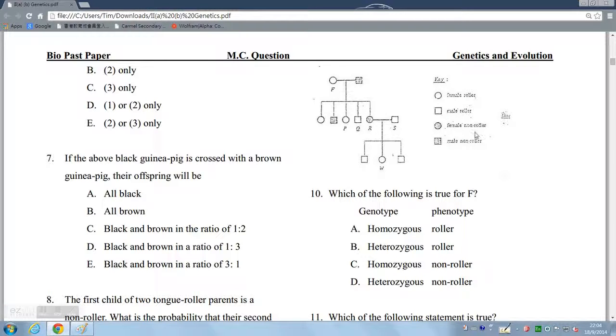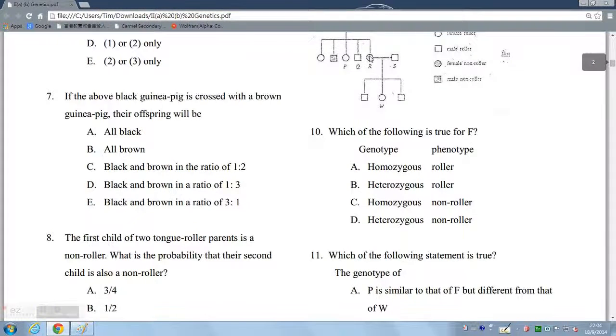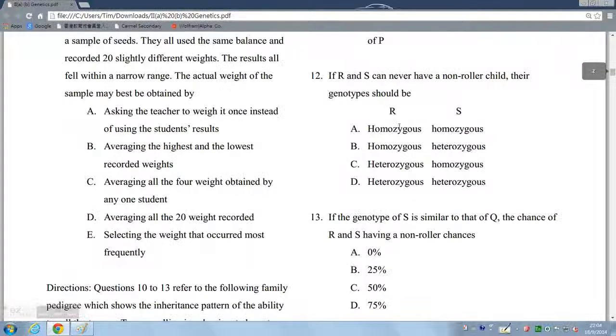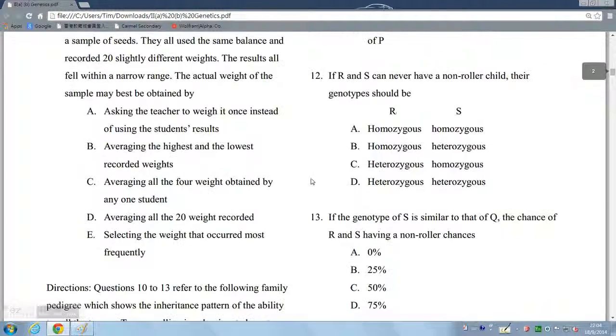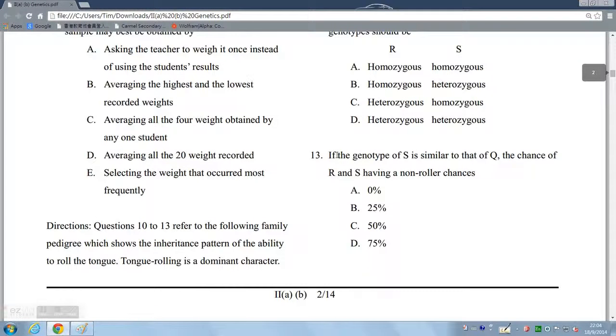And obviously R is a non-roller. The only case in which a non-rolling character can be seen is when R possesses two recessive alleles, making her homozygous recessive. And so R and S must both be homozygous, making the answer to 12 A.